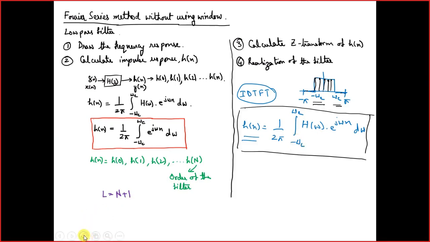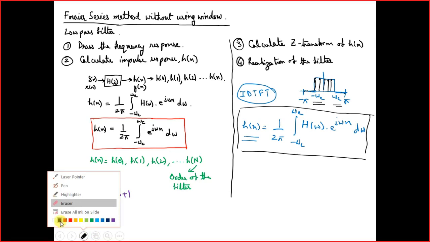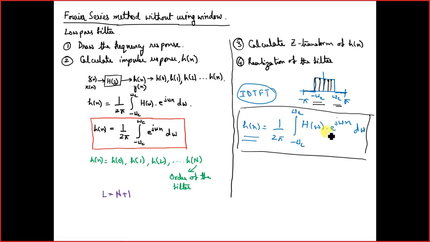Anything else? No? We discussed the magnitude of the system. It is considered to be 1. When it is considered to be 1, we can eliminate it from the equation, because it will be 1 multiplied by e to the power j omega n. So we can just eliminate this 1 also, because it will give the same thing.